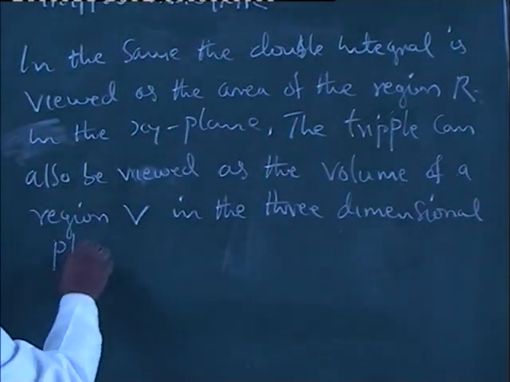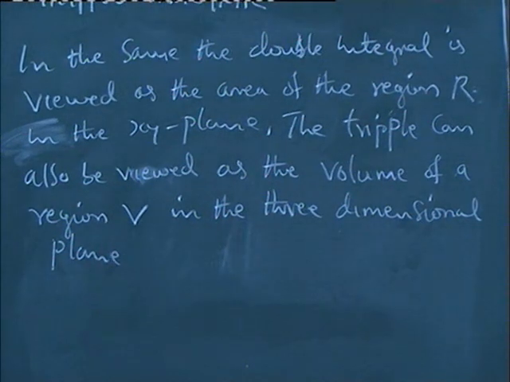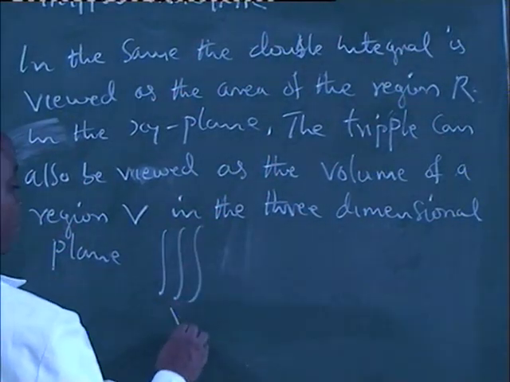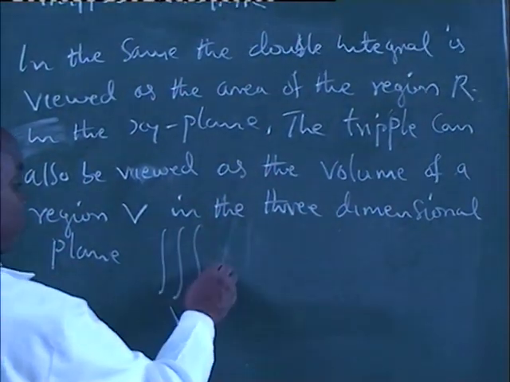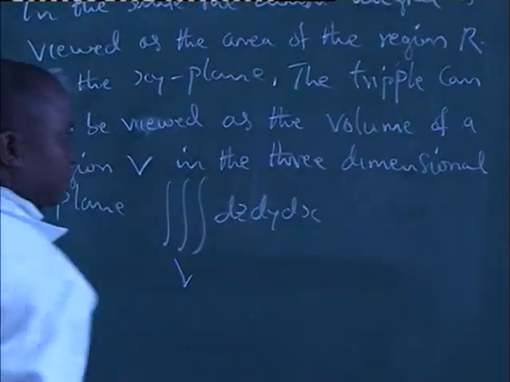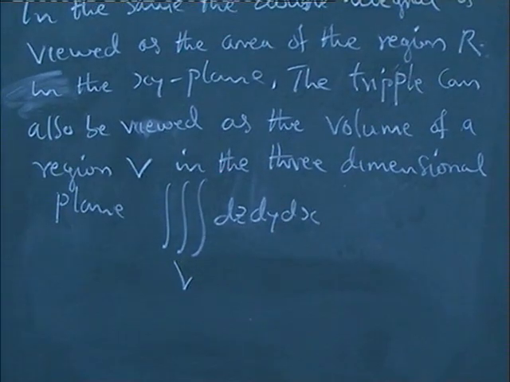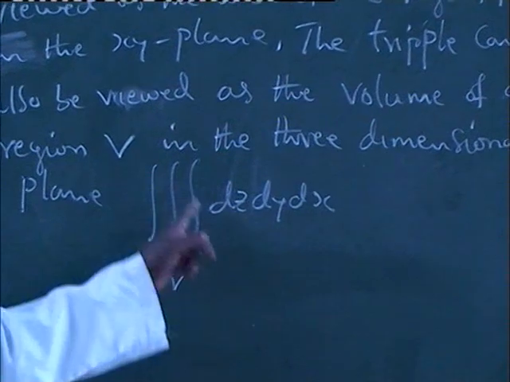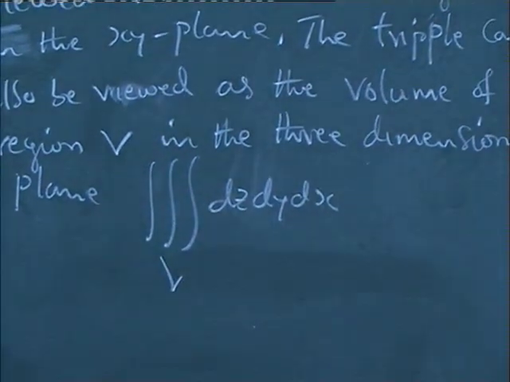Of course, we know three-dimensional space. So that we have the triple integral over V of dz dy dx. So we'll have it like this, and we call it the triple integral.